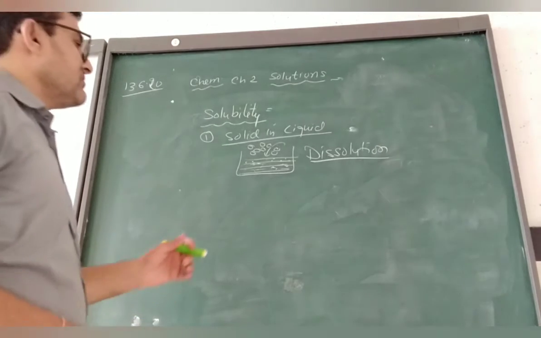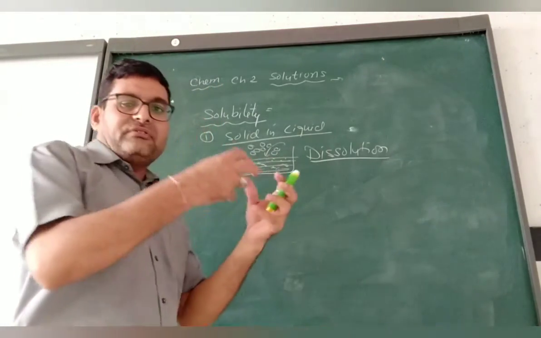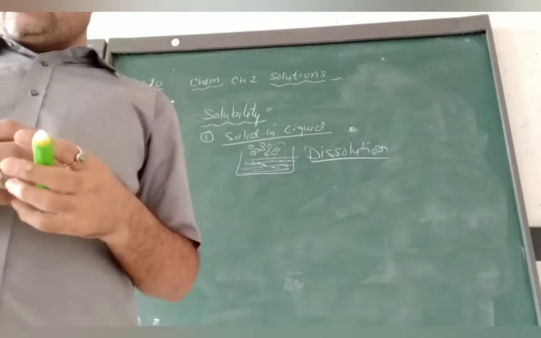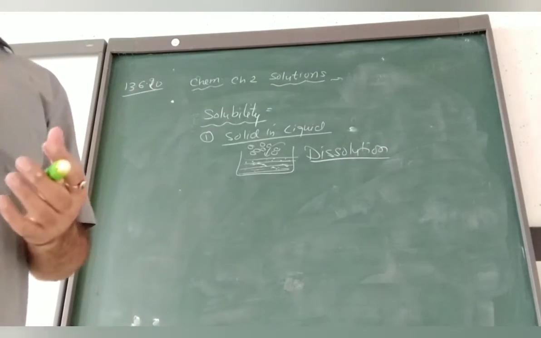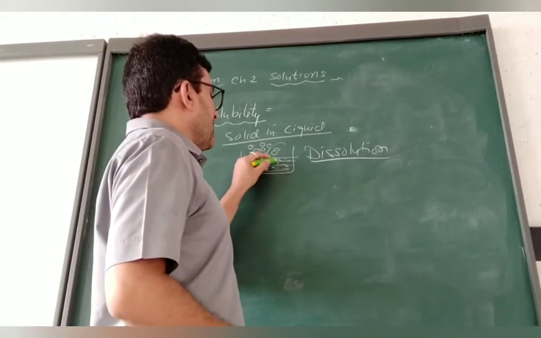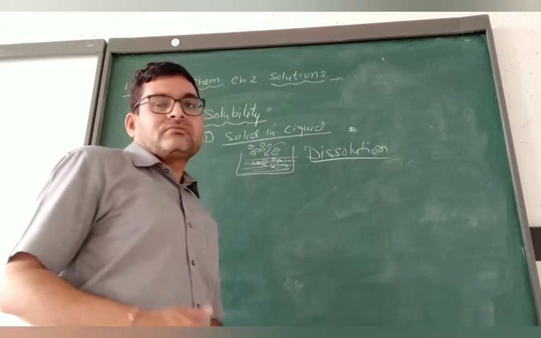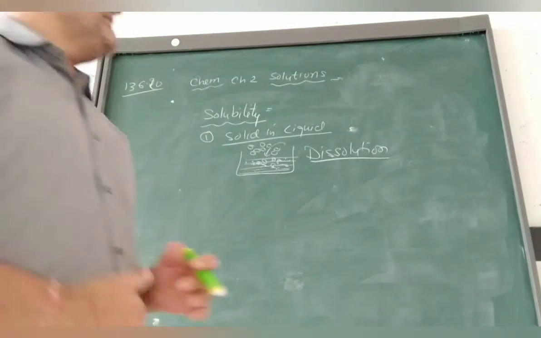Sometimes some particles collide with each other and they get separated out of the solution, means they come out as insoluble particles, and that process we call it what? Crystallization.